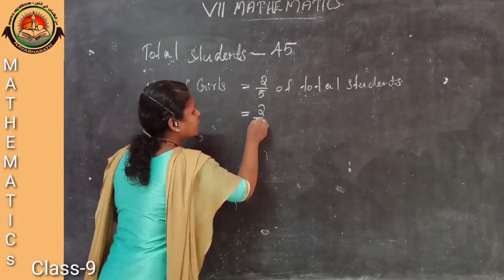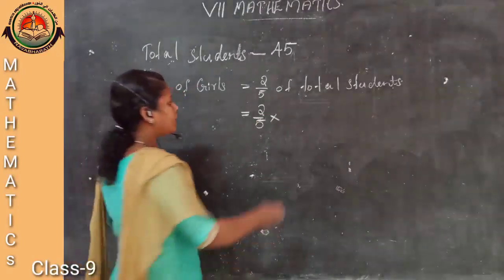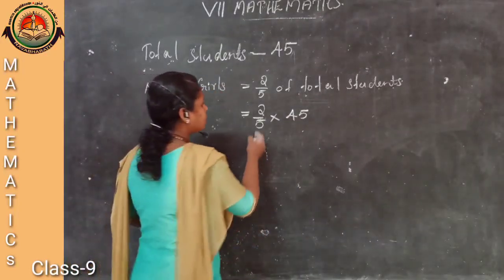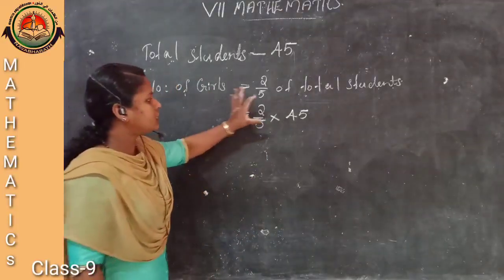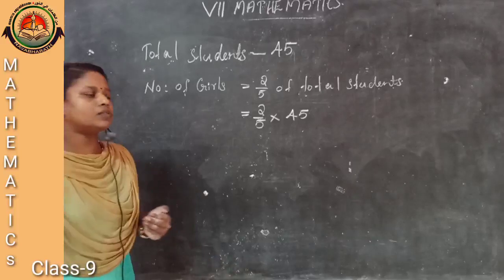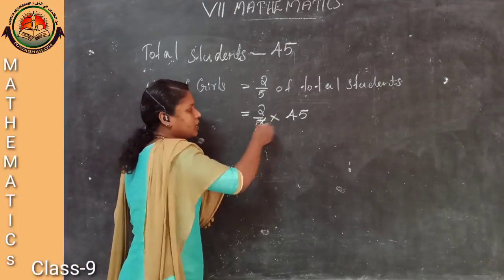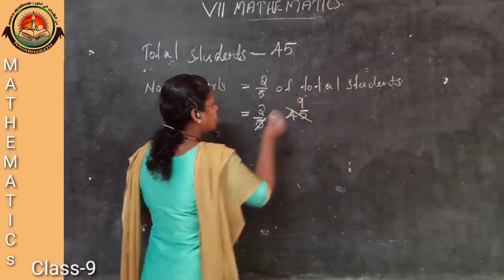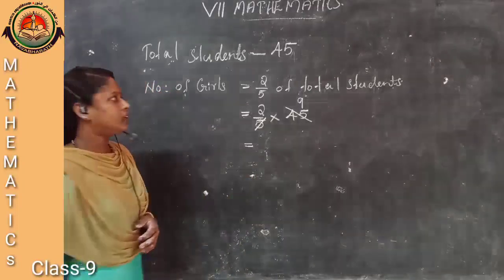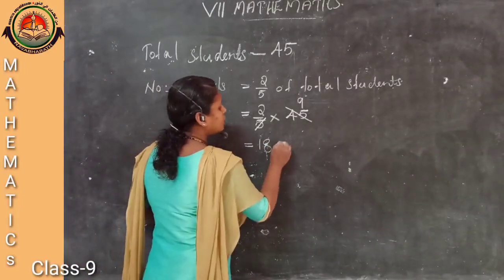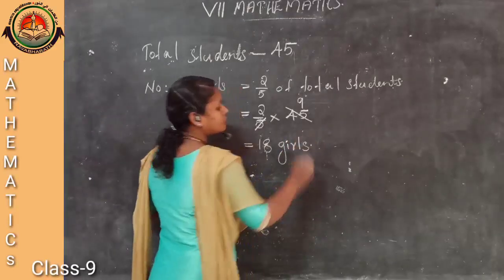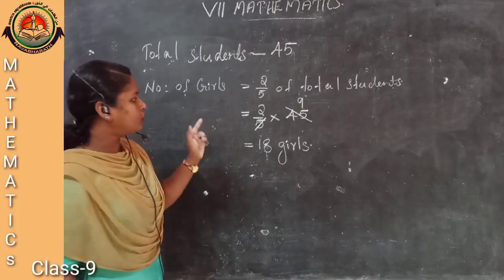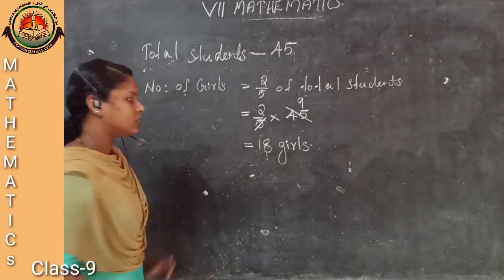That is 2 by 5 into 45. Okay, then 2 by 5 into 45, fraction into whole number. So first of all, we need to remove the common factors 5 and 45. How many 5s are there in 45? 9. So 2 into 9, 18 girls. So 2 by 5 of 45 is 18 girls.